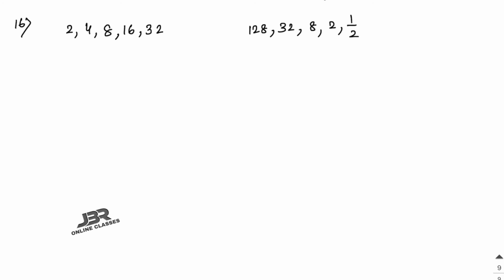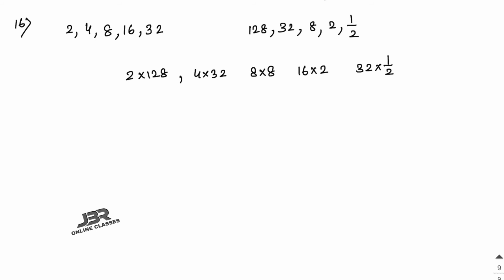Now next one, sum number 16. Find the sum of the product of the corresponding terms of the sequence 2, 4, 8, 16, 32, the first one. Second one 128, 32, 8, 2 and half. Okay, so here you can write down 2 into 128, then 4 into 32, then 8 into 8, 16 into 2, and last one here 32 into half.